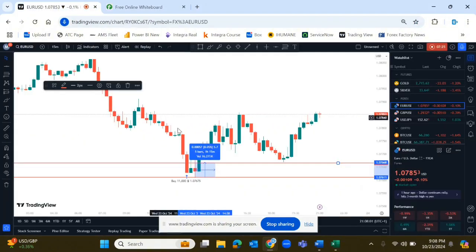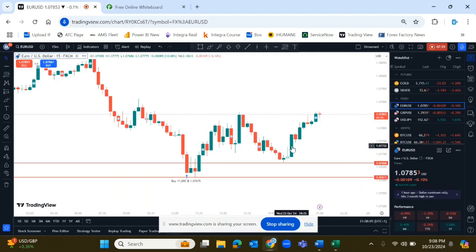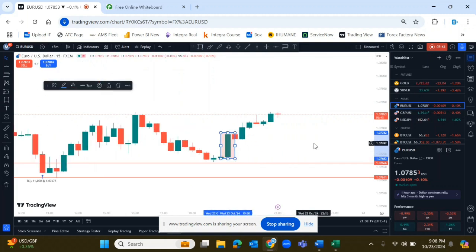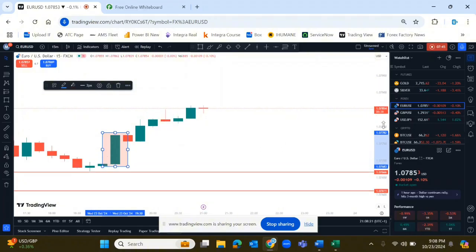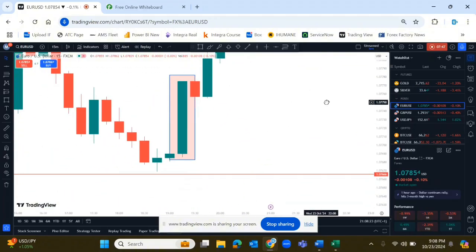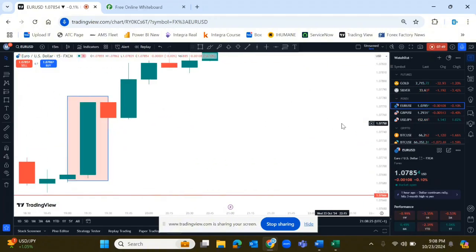Now let's look at this. This is a 15 minutes time frame, so let's look at this green candle. This green candlestick, let me highlight it so that we will be able to appreciate these lessons, guys. So this candle formed in 15 minutes. Now we are going to look at how you can take advantage of the knowledge of forex to make money in forex.